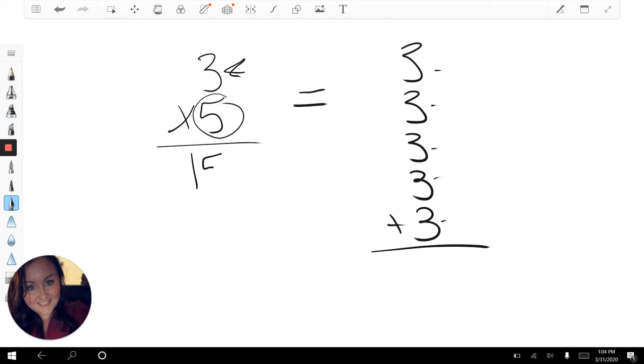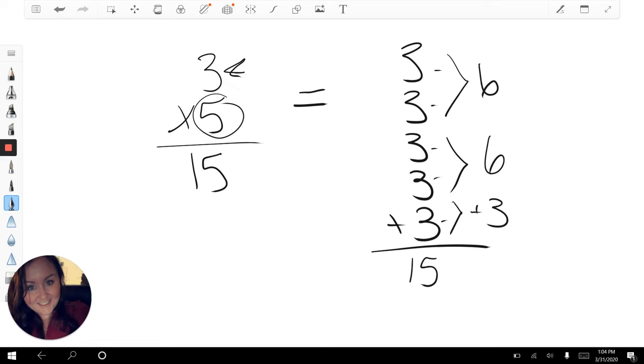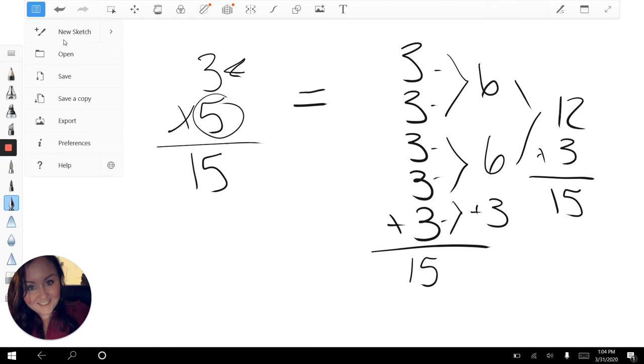And we both know that they both equal 15, right? 3 plus 3 is 6, plus 3 is 9, plus 3 is 12, plus 3 is 15.